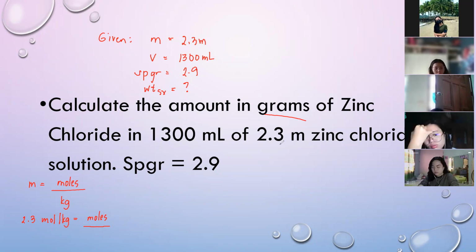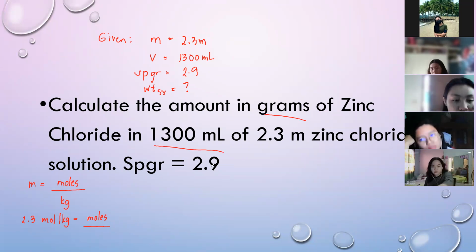Now, take note, this is zinc chloride and given yung volume 1,300 ml. Pero yung binigay ko kanina na 1 gram is equal to 1 ml is not applicable here, kasi hindi naman sinabi na ang solvent mo ay pure water. Okay?